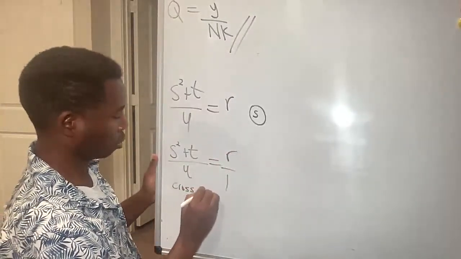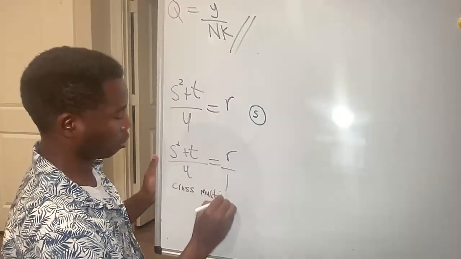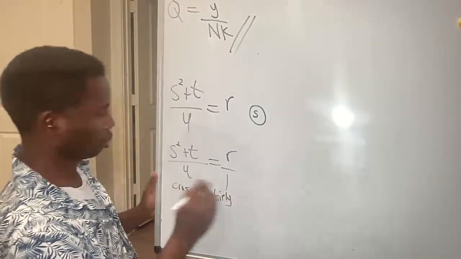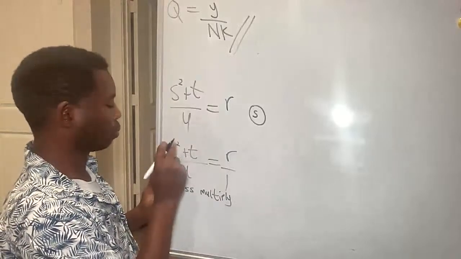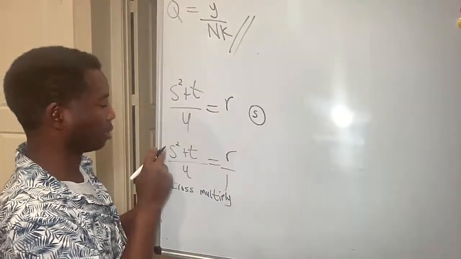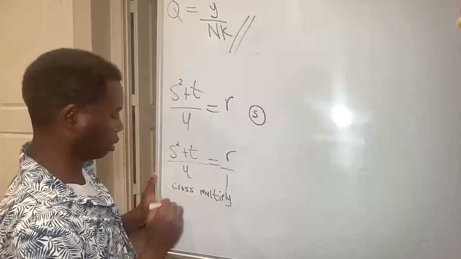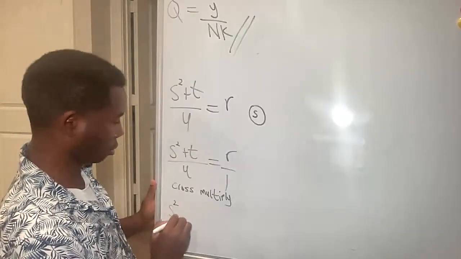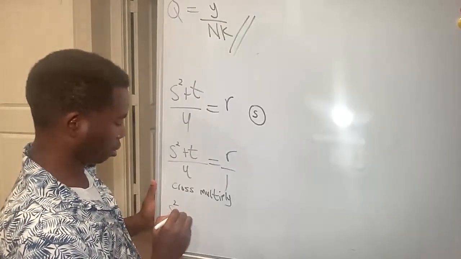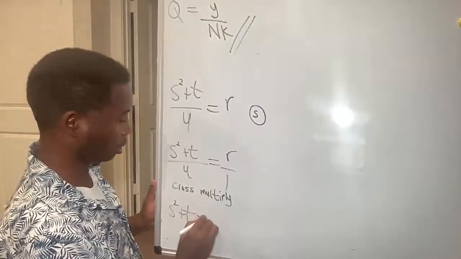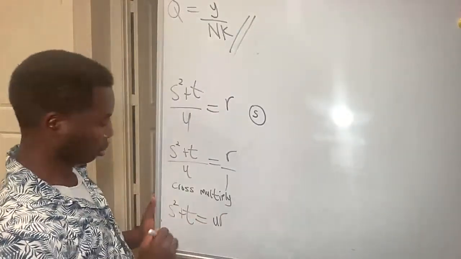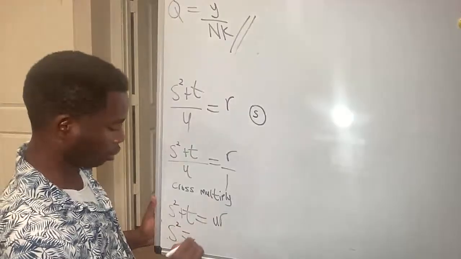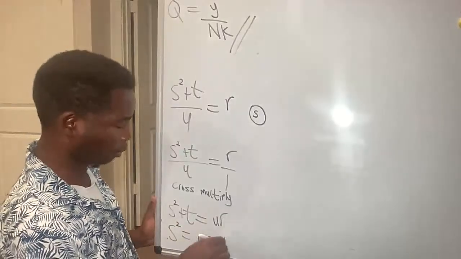Cross multiply. So 1 times s squared plus t, the same as s squared plus t. It will now be s squared plus t is equals to ur. So s squared is equals to ur minus t.